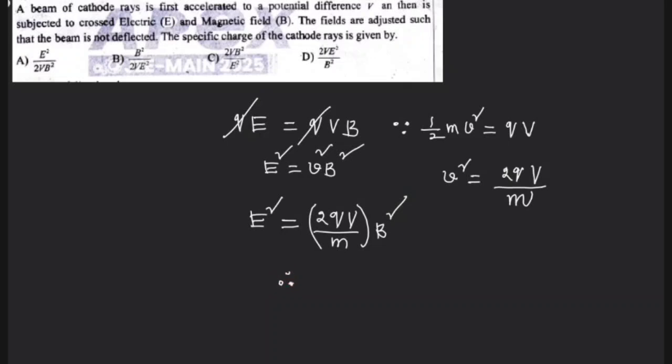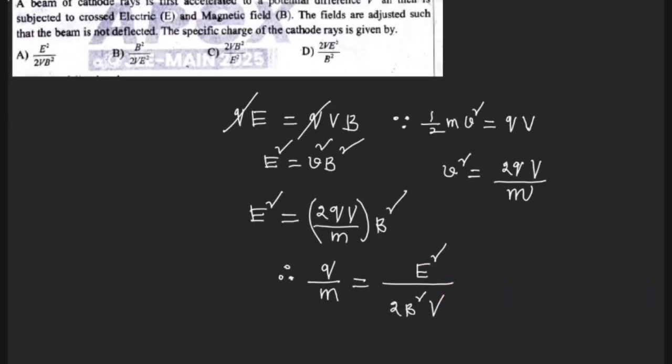So therefore this Q by M is E square by 2 B square into V. There is M coming to this side, so there is no M here, sorry, my mistake. So E square by 2V B square, option A is the right answer for this.